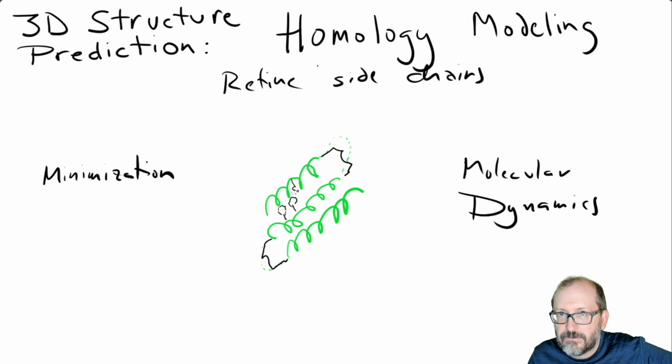We're not looking for the global minimum. We're just looking for something that's more comfortable than where we are now. And this could be the most computationally expensive part of this process, but if the sidechain building and the loop building went okay, then it should probably converge.